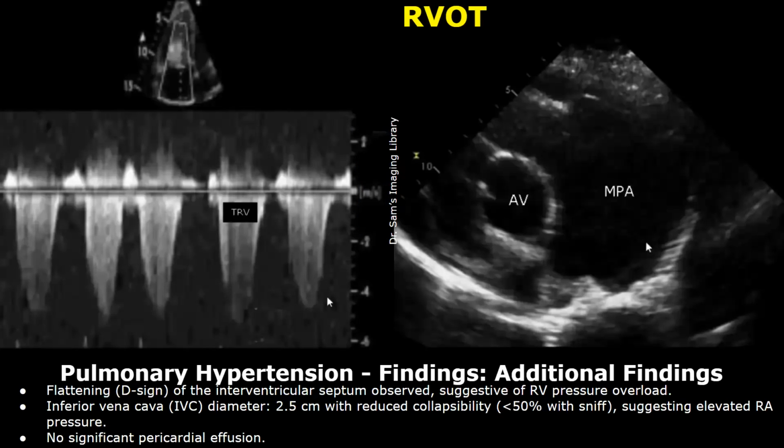Flattening D sign of the interventricular septum observed, suggestive of RV pressure overload. Inferior vena cava diameter is 2.5 centimeters with reduced collapsibility, suggesting elevated RA pressure. No significant pericardial effusion.